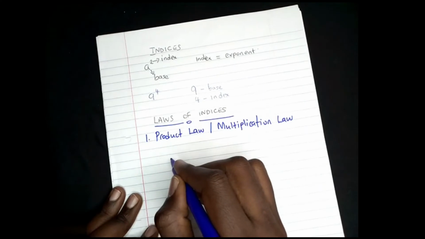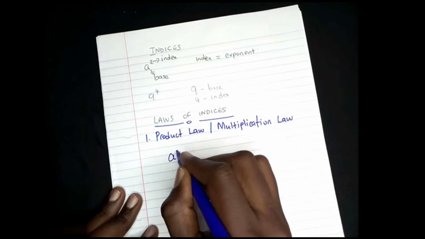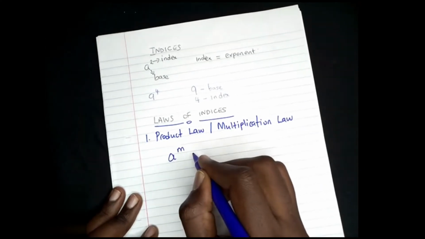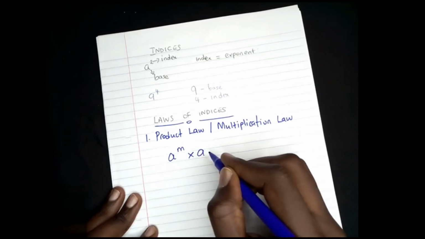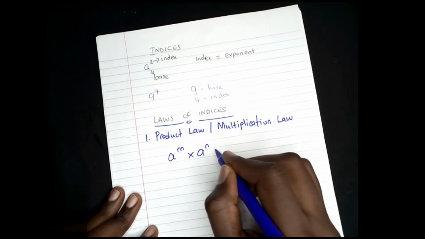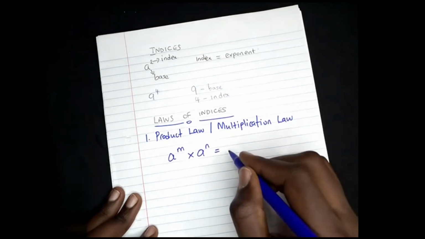If a number, say a to the power m, multiplied by the same number a to the power n, what do we get?